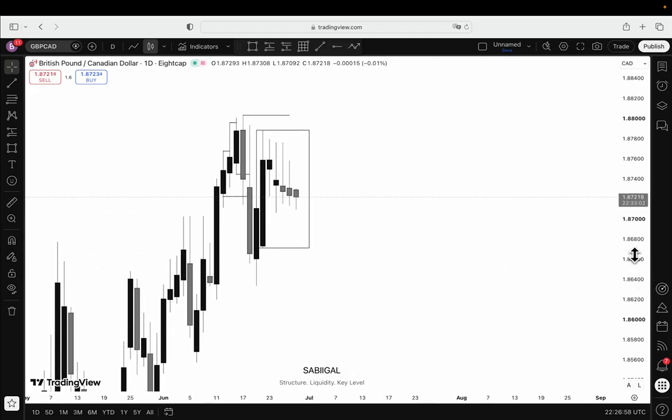Now there's another thing you can use to take note of price changing trend in this higher time frame directional bias. Let's use these two candles here as example.